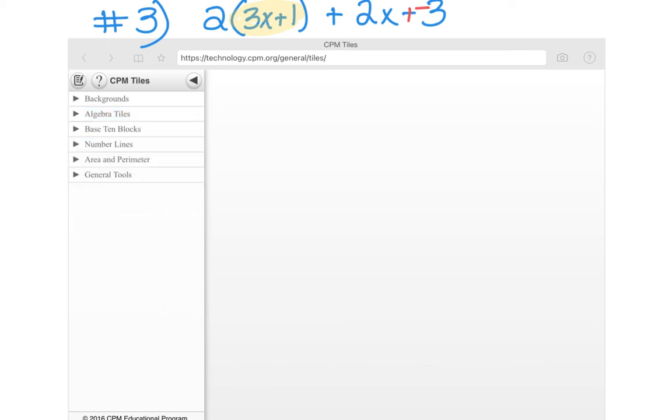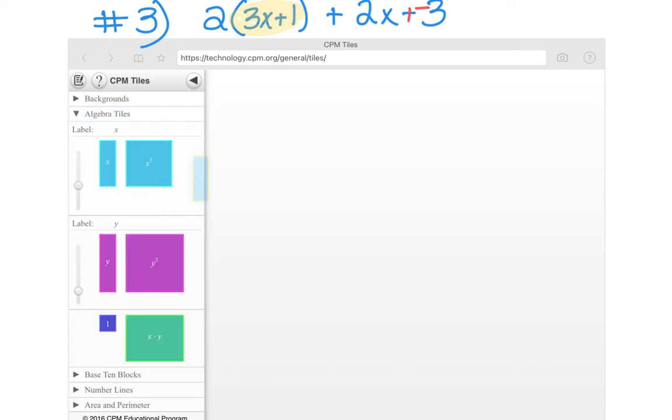Let's see if I can get this to cooperate here. There we go. We've got 1x, 2x, 3x, plus 1. All right, that takes care of this part, but now I have that twice because the number on the outside of the parentheses tells us we're multiplying. So I've got to do that again.